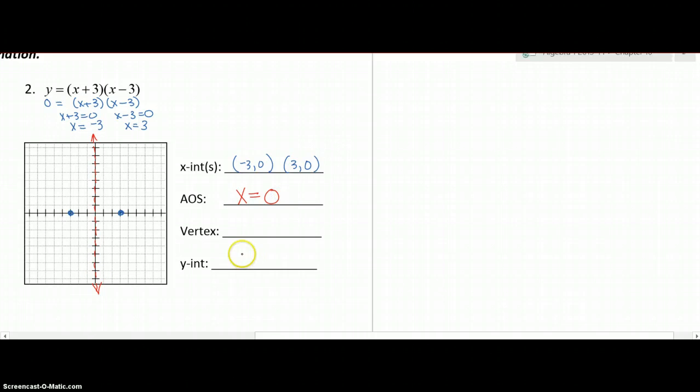We know that the vertex is on the axis of symmetry, so it also has to have 0 for the x portion of it because it tells us x equals 0. So we have to figure out what y is. So let's go ahead and plug in 0 for x. We get y equals 3 times negative 3, or negative 9. Plot that.